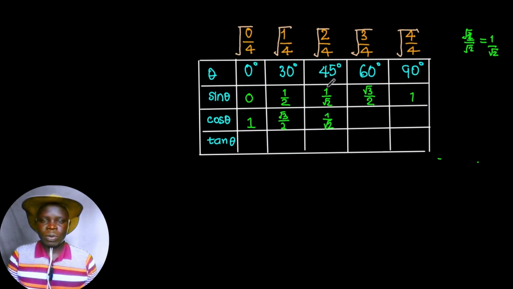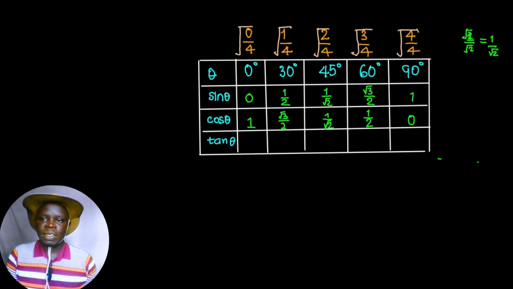Why? Because if you add 45 plus 45, you get 90. So next, bring it here, and that is 1/2. The same: 30 plus 60 gets 90. Finally, we have this here, and we are done with the second ratio.